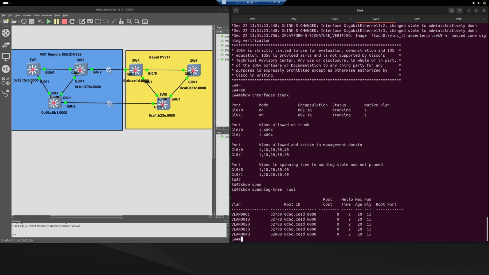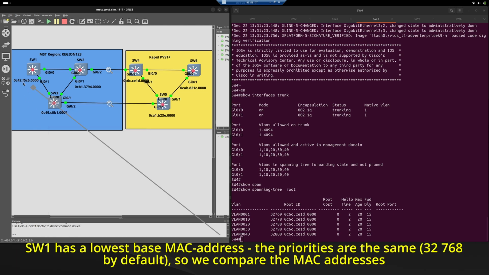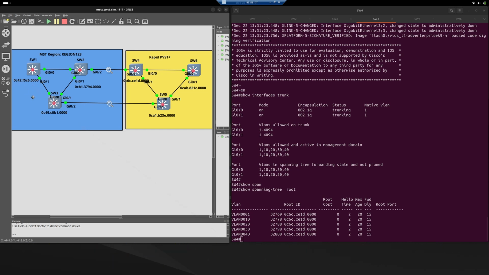I have already written them under these boxes so that we can compare them easily. And switch 1 has the lowest value, which begins with 0C42. So by default, the CIST root will be in the MST domain.